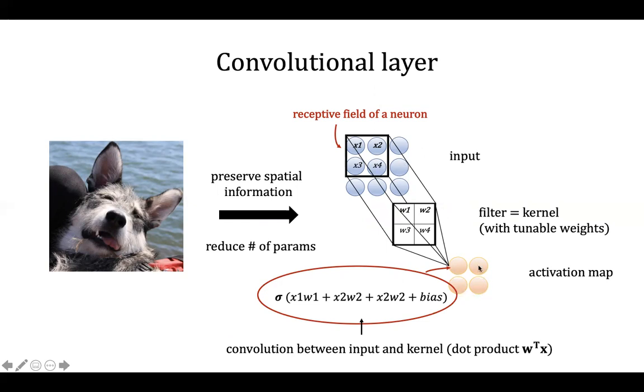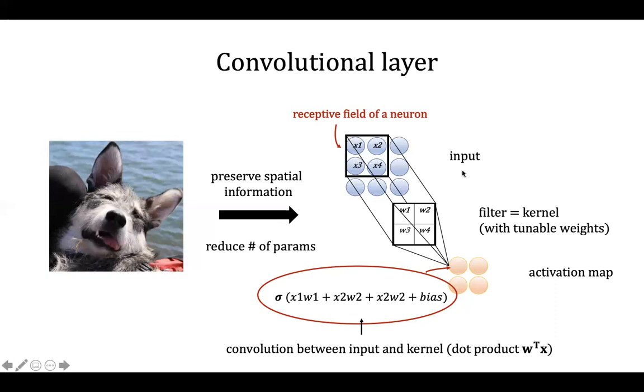This is the first layer, and this is the second layer. And the neurons in the second layer, the hidden layer, are connected to the neurons in the input layer. But in contrast to the fully connected layer, these neurons are only connected to a patch of the input, not to all the input like in densely connected layers, but only to a small patch. And this patch is called the receptive field of a neuron, by analogy with the biological receptive field.